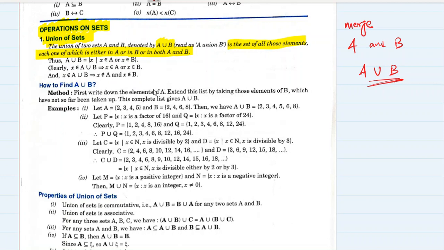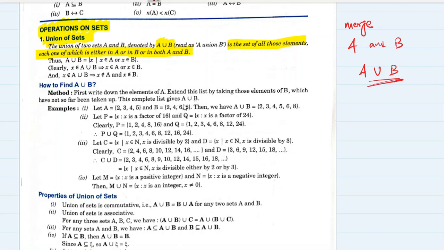First we write down the elements of set A. Extend this list by taking those elements of set B which have not so far been taken up, and this complete list gives A union B.